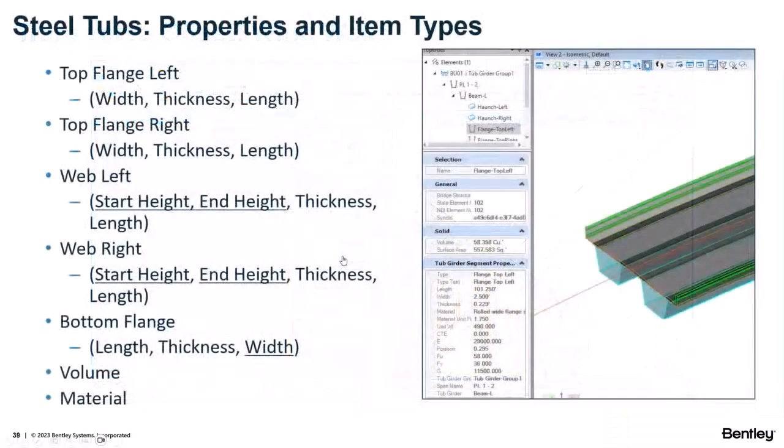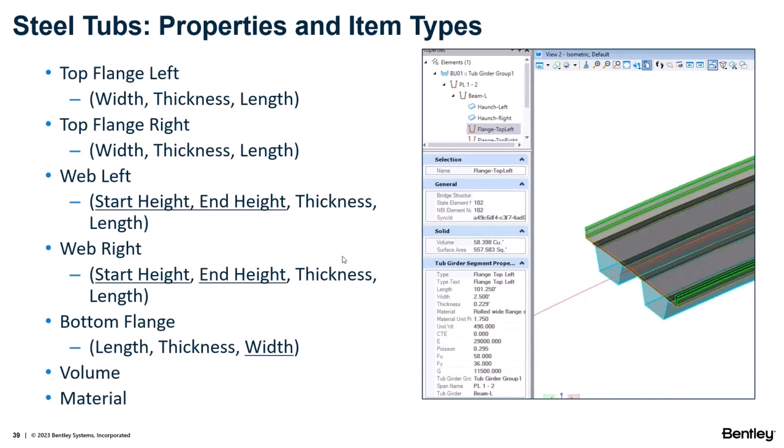Now we also have steel tops and we keep enhancing this. So now if we report on the steel tops, all these properties that are available in the reports, we now have on the item types as well. So then you can create your custom reports for that as well.